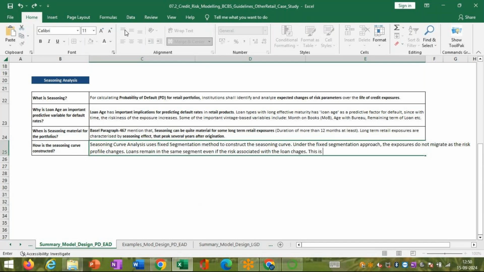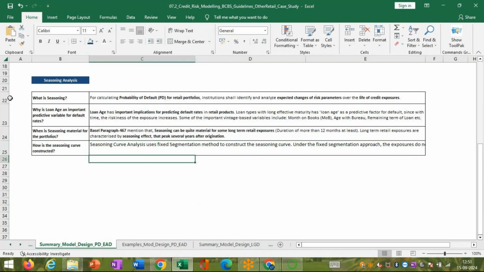So this is a kind of comparative static adjustment, where migration will happen only when the loan age changes.